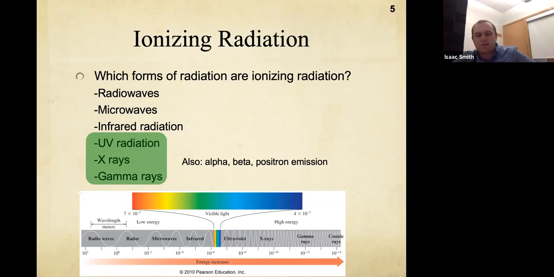And then also the ones that we've talked about before, alpha, beta, and positron emission. Those all shoot out particles that can then cause ionizing radiation. So an alpha particle that shoots out of the nucleus of another atom could hit another atom and cause an electron to leave, which would cause ionizing radiation, okay? All right.